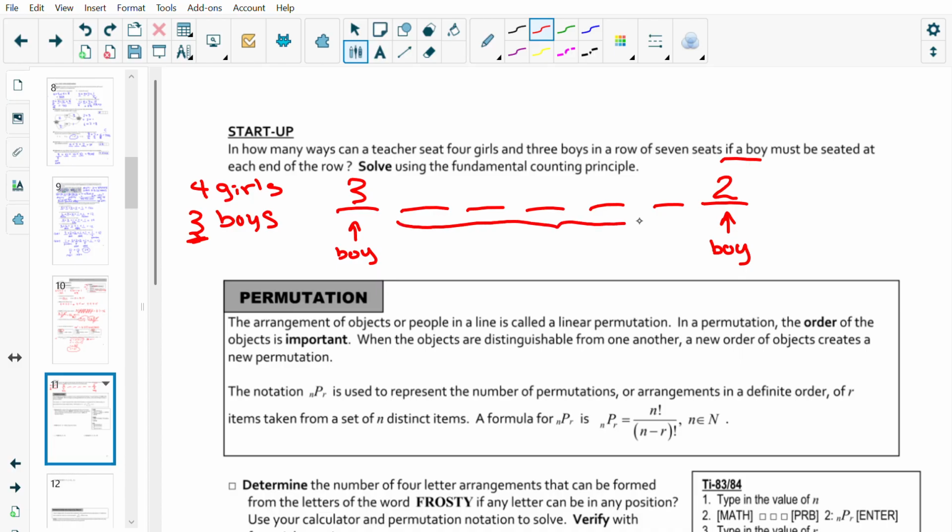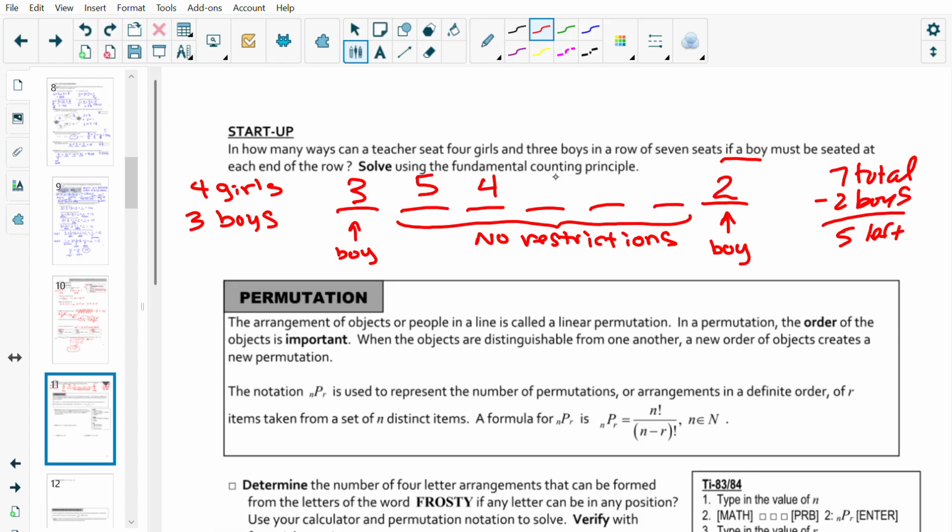What about all these middle seats? No restrictions. I can seat a boy or a girl there, provided that they haven't been seated already. If I've already seated 2 boys, so I have 7 total minus 2 boys, that's 5 left, right?